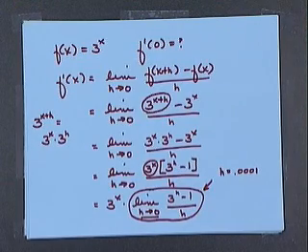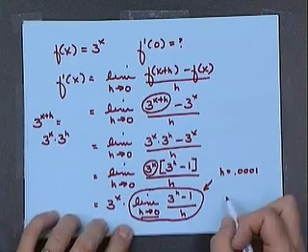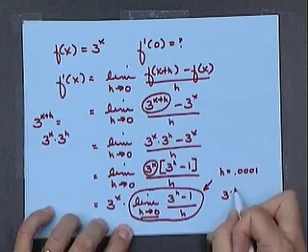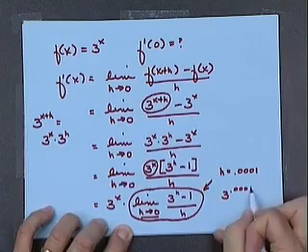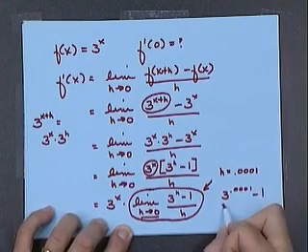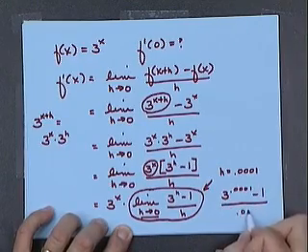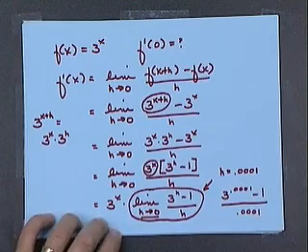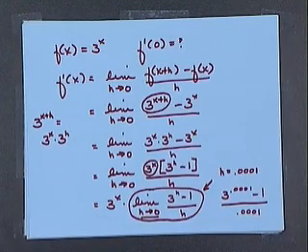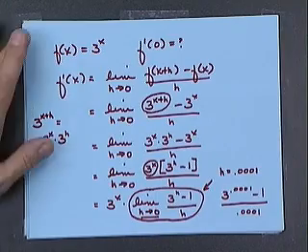I don't know if that's close enough to 0, but it's on its way. So what is (3 to the 0.0001 minus 1) all over 0.0001? That's kind of what we're supposed to do, right? Let h get smaller and smaller. Somebody run that through your calculator to see what you get.